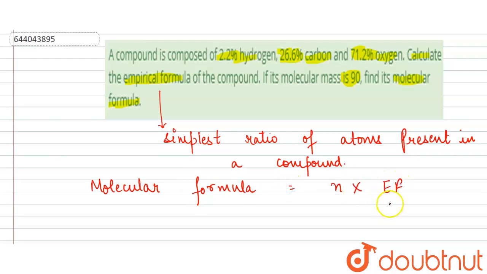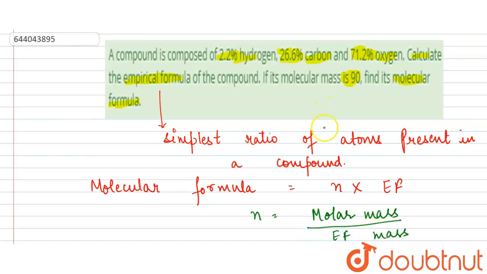Here I have written the short form, n into the empirical formula. Now here our n is equal to the molar mass, that is molecular mass that is given, upon the empirical formula mass.